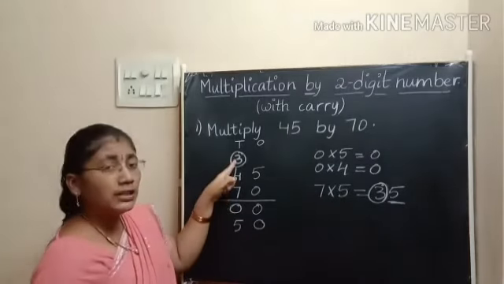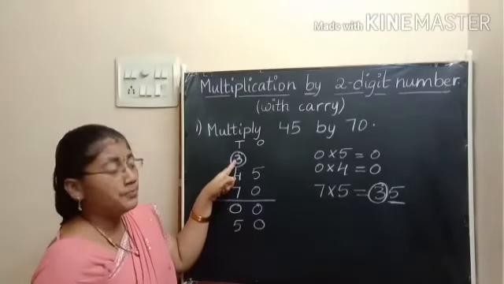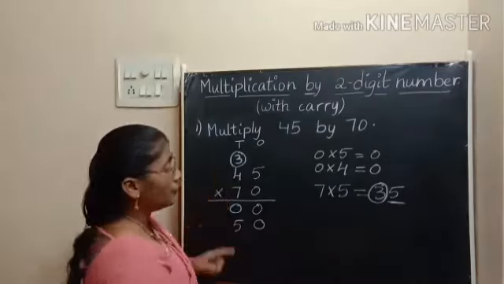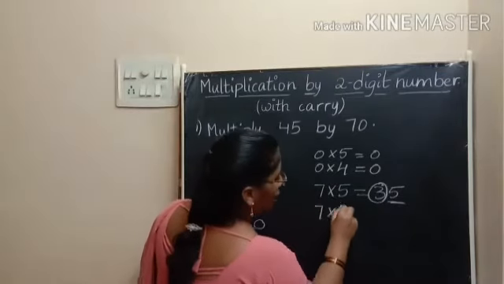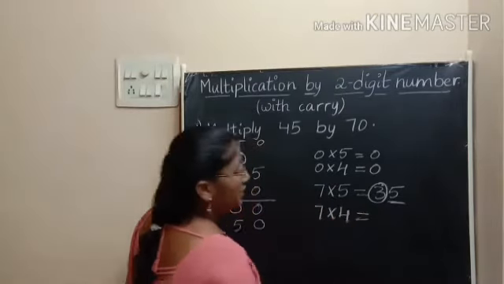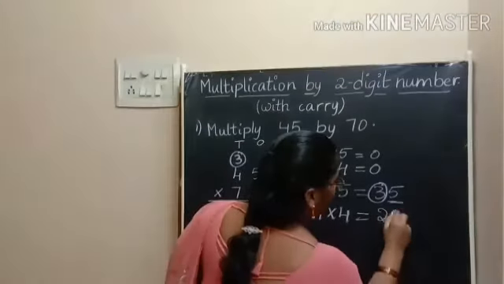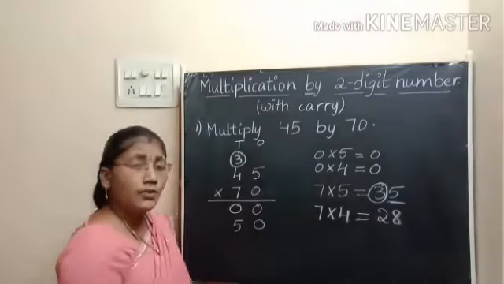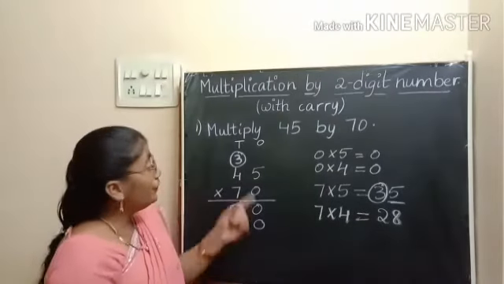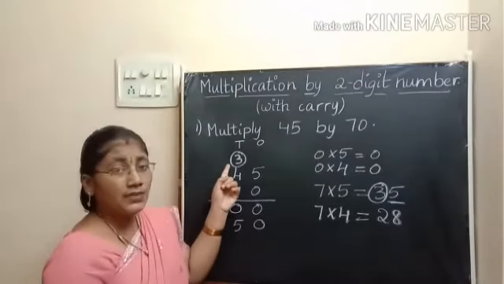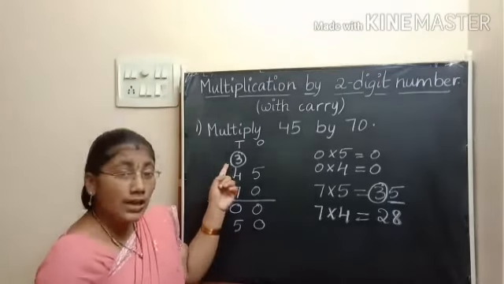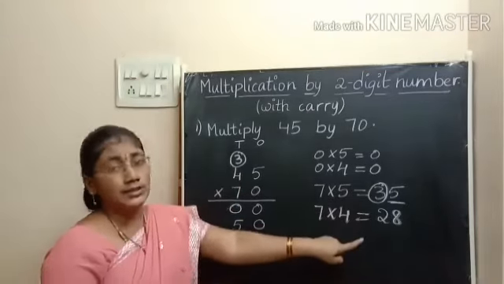We should not multiply the carry. So we should take 7 into 4. How much is it? 7 fours are 28. But we have a carry, that is 3. So we should add this carry to that result.